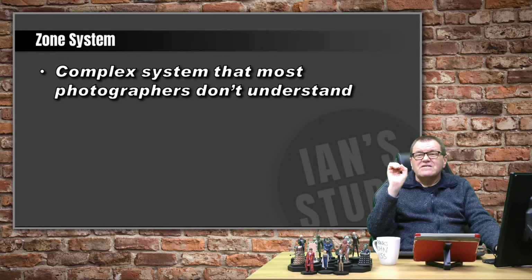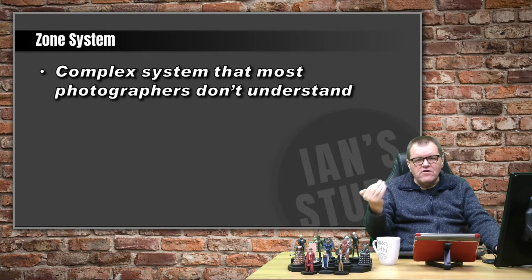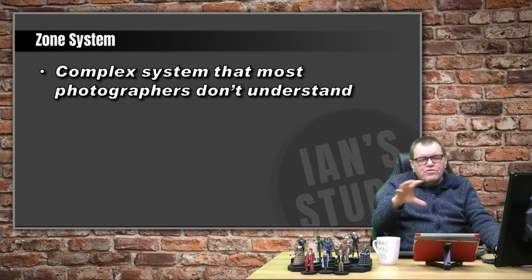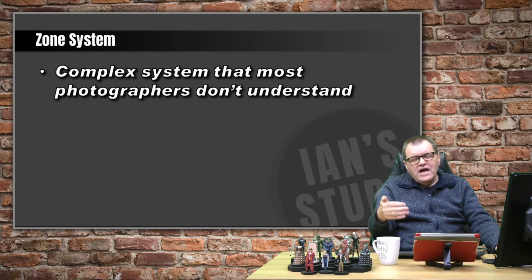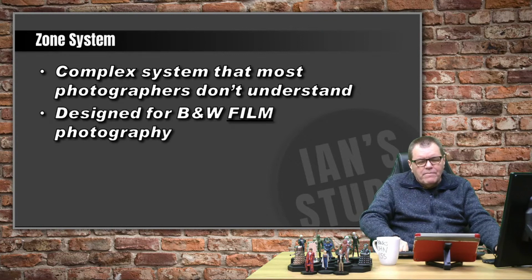And the printing is different, what he would do in printing and what we do digitally. So the whole process of the zone system, the two go hand in hand, as we'll see as we go on.